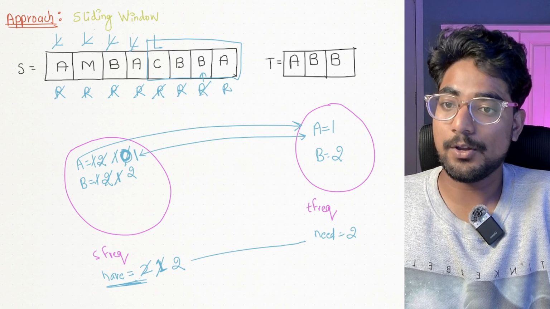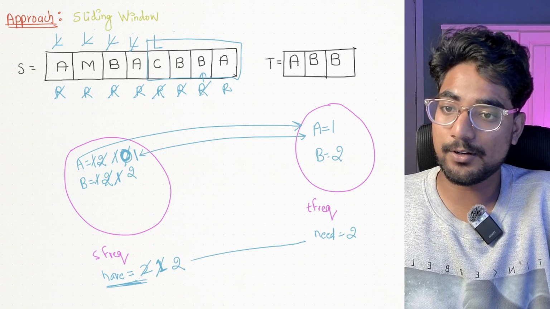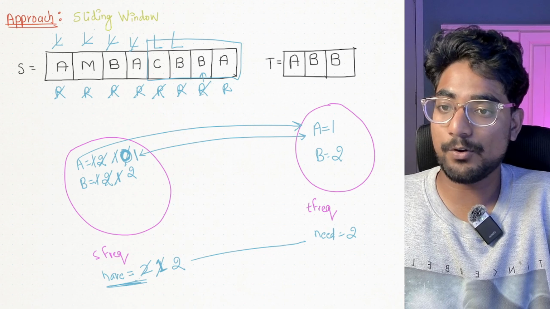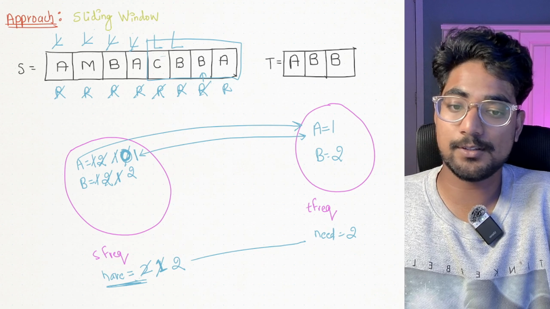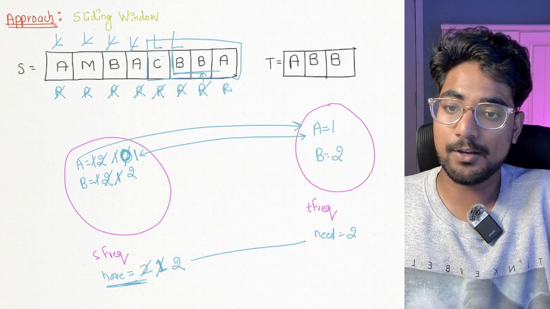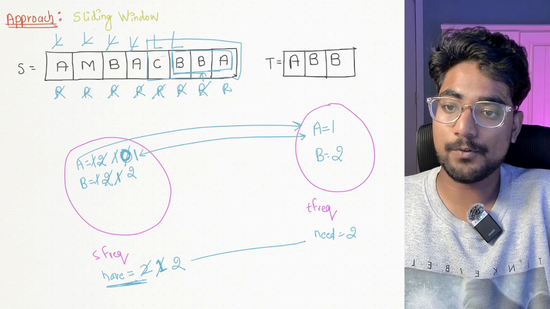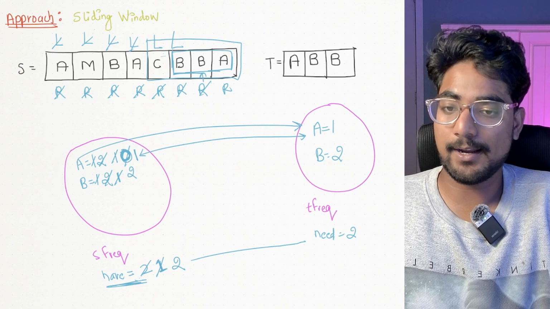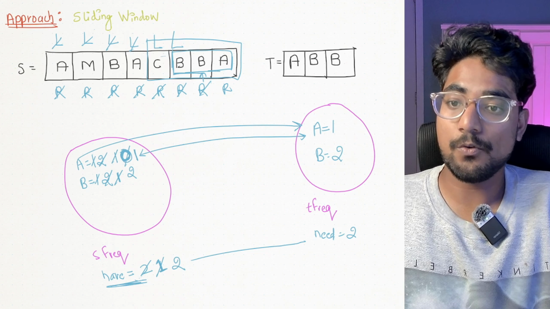What we can do, we'll increase our left pointer again, okay, and the moment you increase the left pointer again, because C wasn't useful in our case, you'll end up forming one more window which just contains B, B and A, right? If this is a valid answer, what will you do?